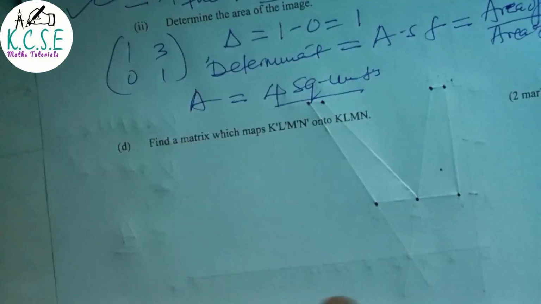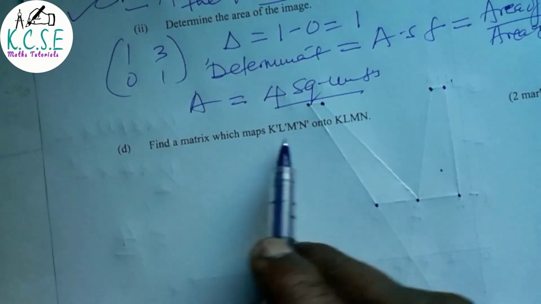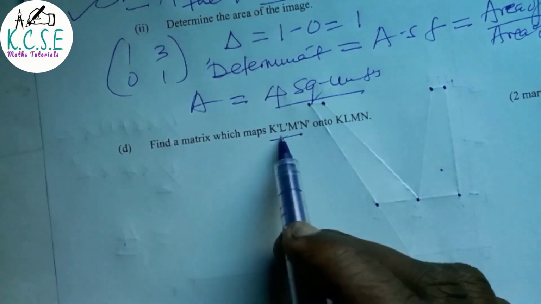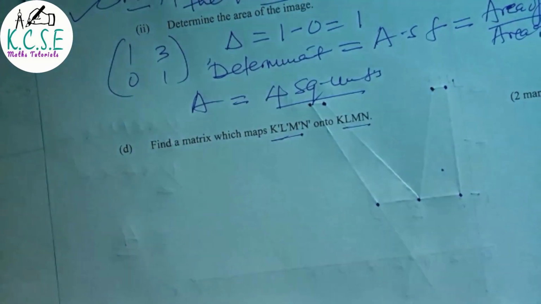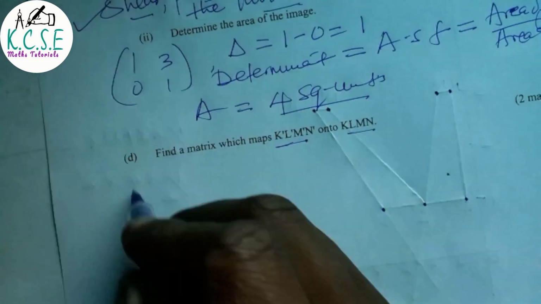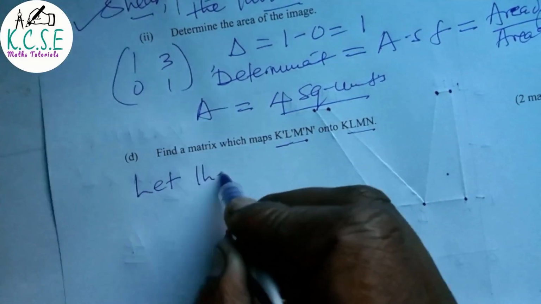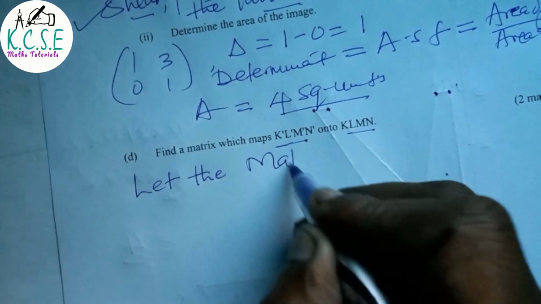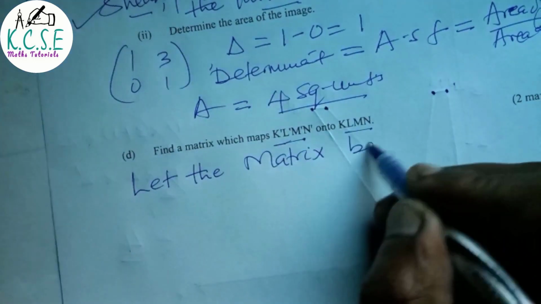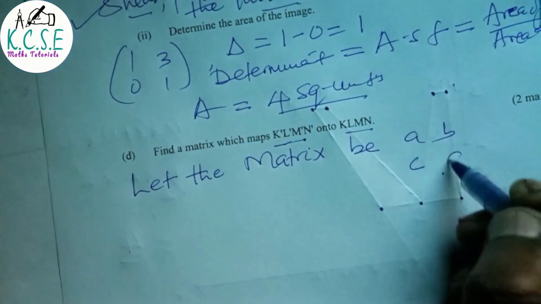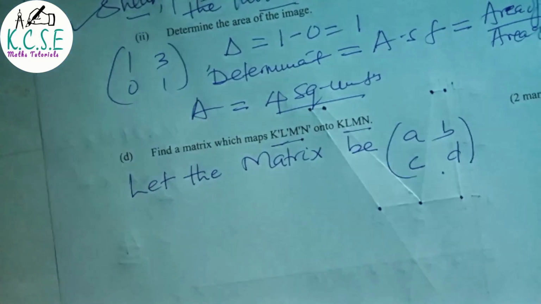The final question: find the matrix that maps K prime, this is the image, back to the object. So what you do, you let the matrix be represented by A, B, C, D. So you pre-multiply.